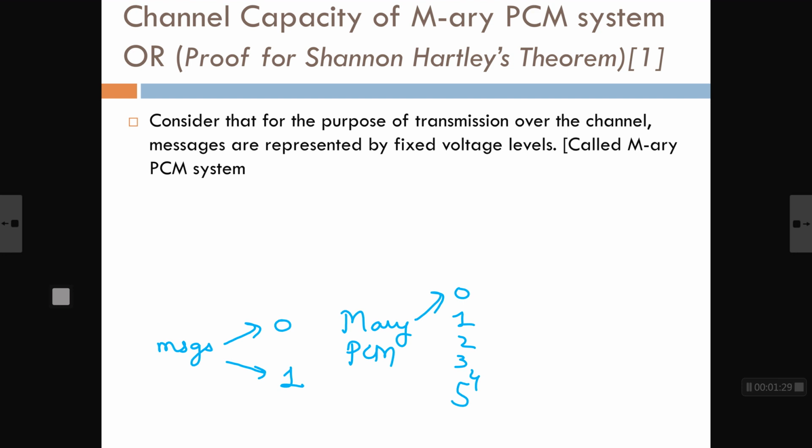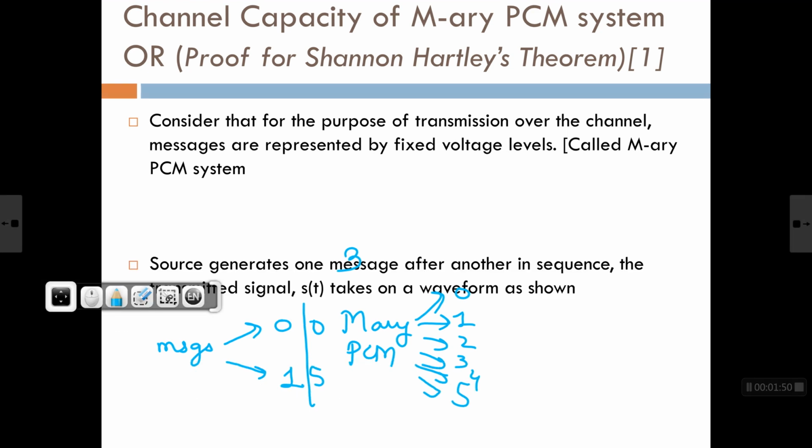So different voltage levels I can send. When it was 0 and 1, maybe we had sent only two voltage levels, 0 and 5. But in an M-ary PCM system, depending upon the value of M, if M is 3, or 4, or 5, we can have different levels. That is called an M-ary PCM system.